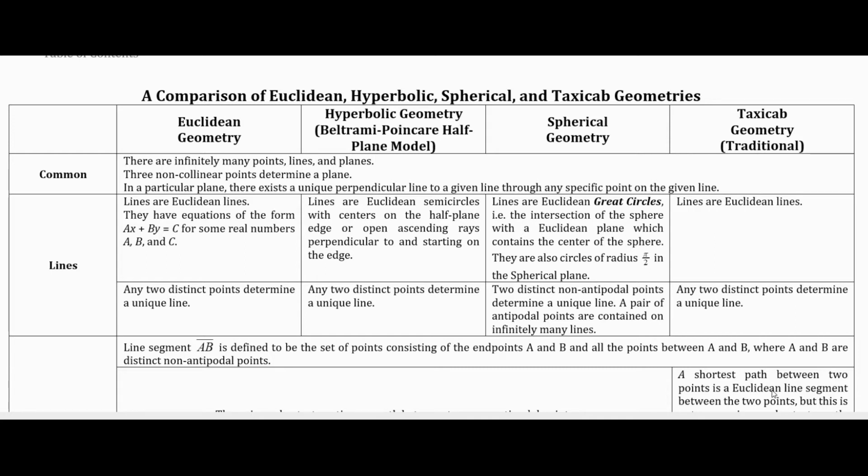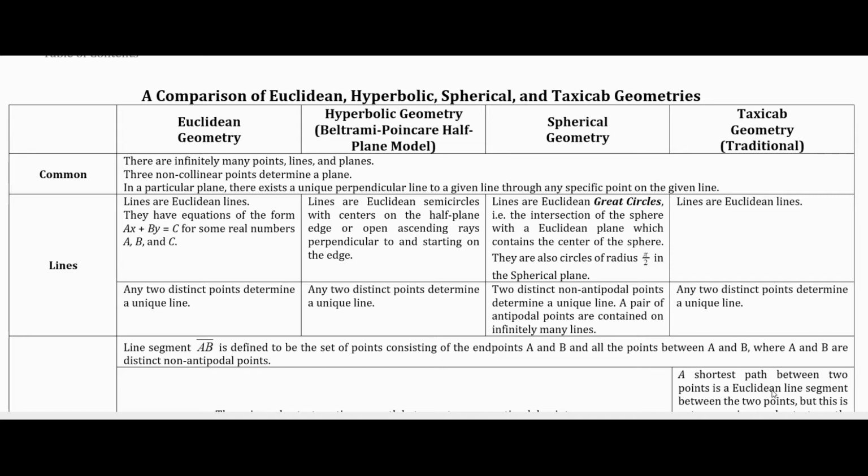So we're going to talk about some things that we've talked about so far: the incidence postulates a little bit, how they relate, and the concepts of distance, basic things like points, lines, and planes, and so forth. We'll compare some of these things in more detail as we learn other topics in all four of these geometries simultaneously.